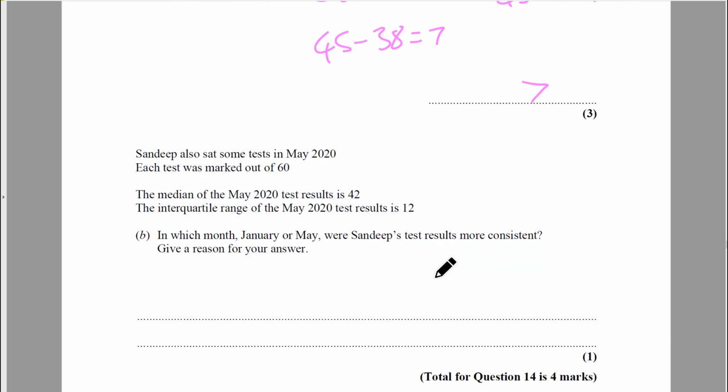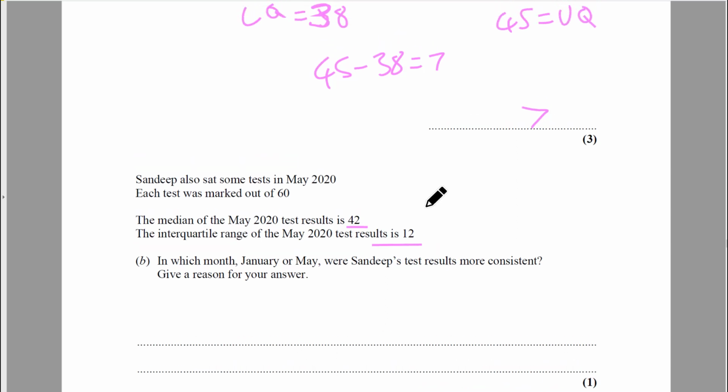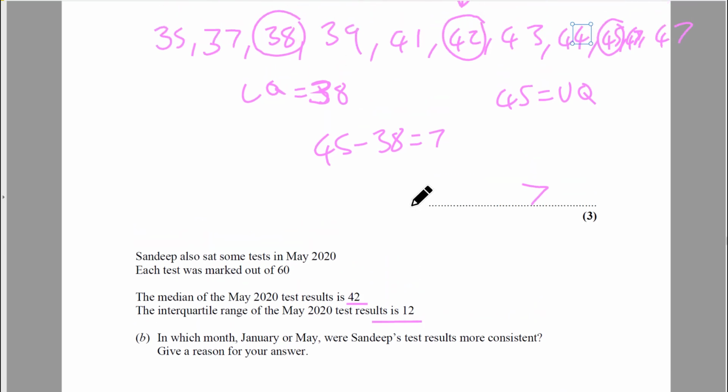Right, Sandeep also sat some tests in May 2020. Each test was marked out of 60. His median test result was 42. The interquartile range was 12. In which month were his results more consistent? Right, so his median here was 38.